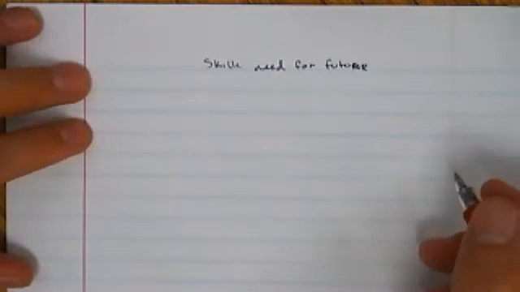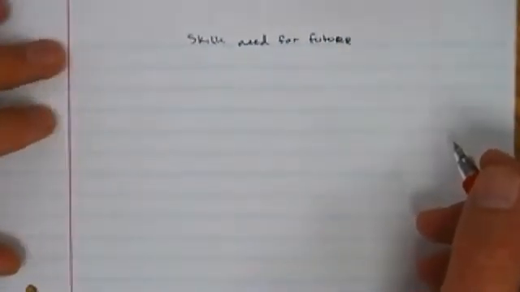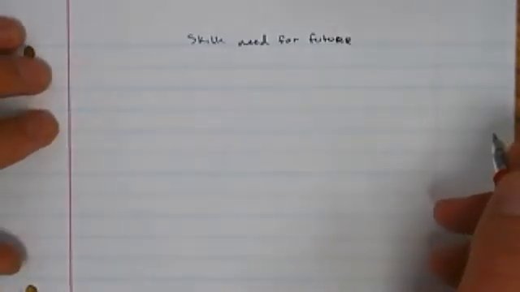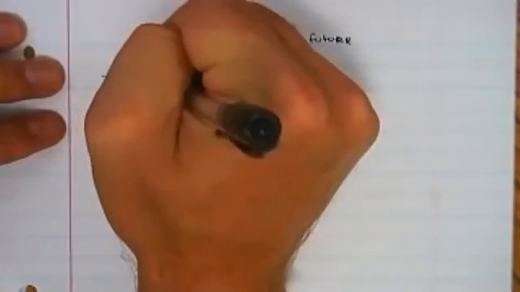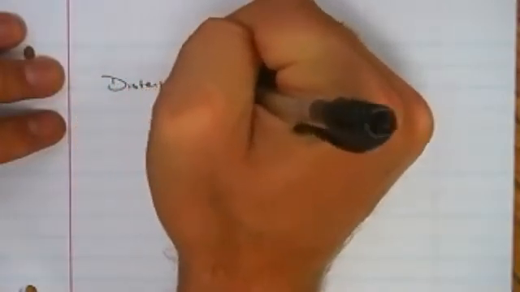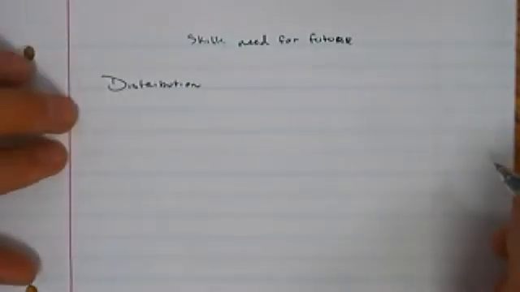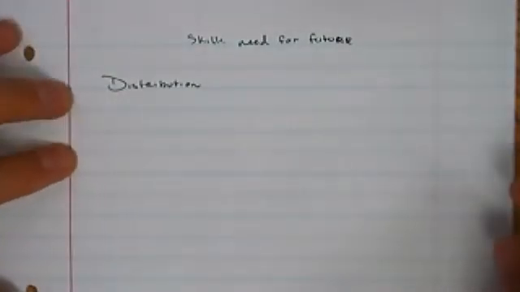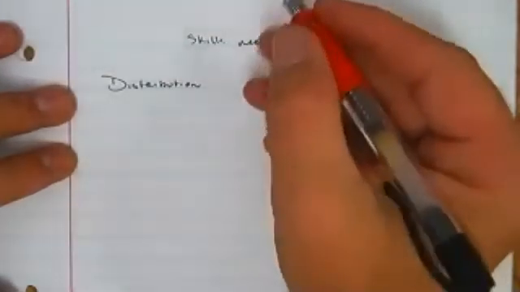That's our title today, just because we're not starting the unit today. We're just going to review to make sure that we've got some basic skills. So the first one, distribution. You're definitely going to need how to distribute amongst an equation, and we're going to talk about that in just a second.